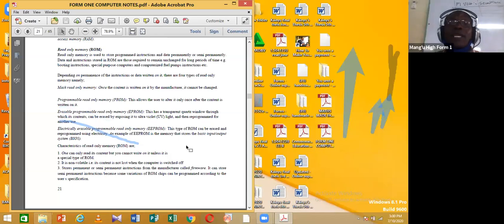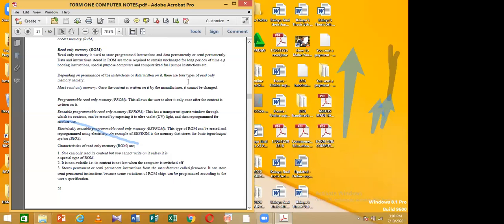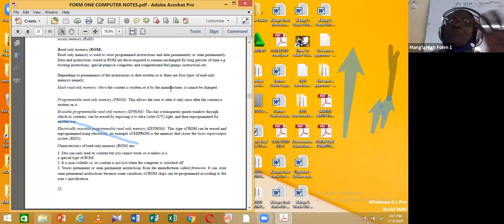Mark you, the data stored in ROM is a kind of permanent compared with RAM. The data cannot be changed easily. It can only be read by the machine, the computer, and you act on the data you read.